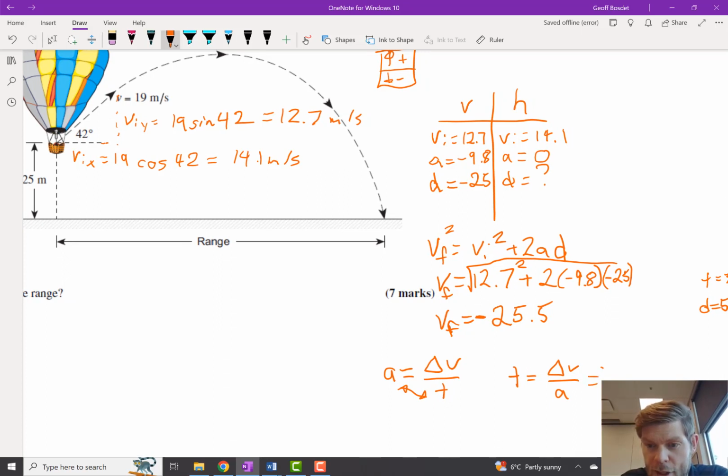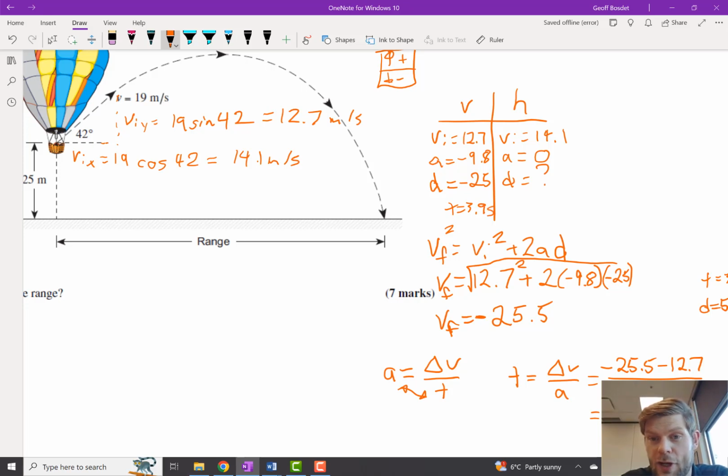So that would be negative 25.5 minus our initial vertical velocity, which is 12.7, and divided by negative 9.8. And when we put that in our calculators, we will get 3.9 seconds. So using our vertical information, we have found that our time is 3.9 seconds.